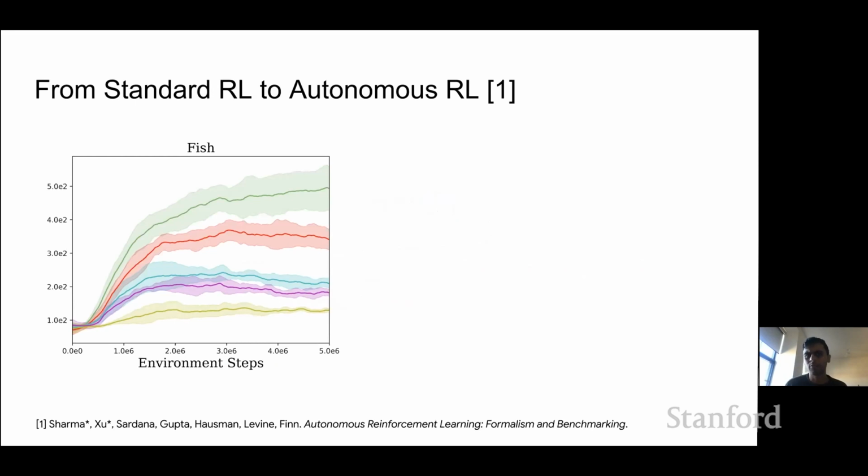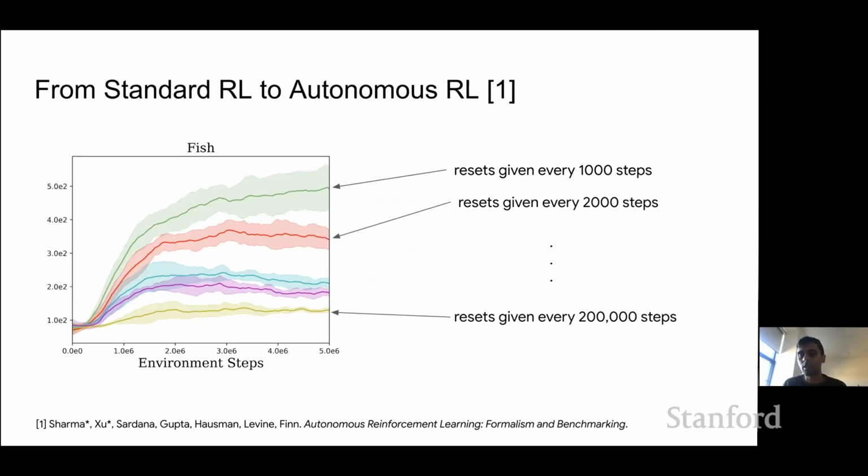This is the question we investigated as well. What if we just take our basic algorithms and just run them longer? We started with giving resets every 1,000 steps, and we increased this to 200,000 steps. As you can see, the performance depreciates quite a lot, which suggests that the algorithms that we have right now are not capable of operating autonomously, and they're very heavily reliant on humans.